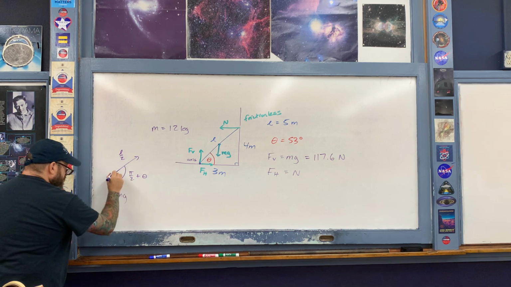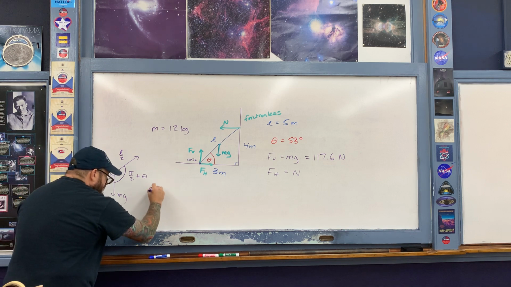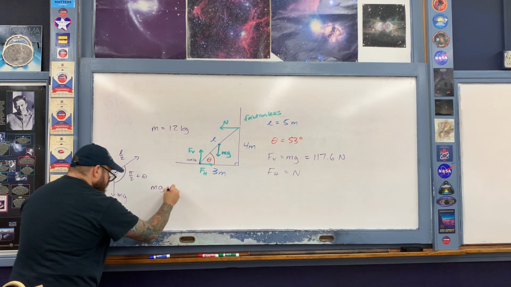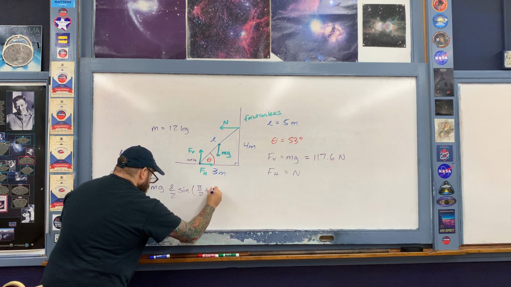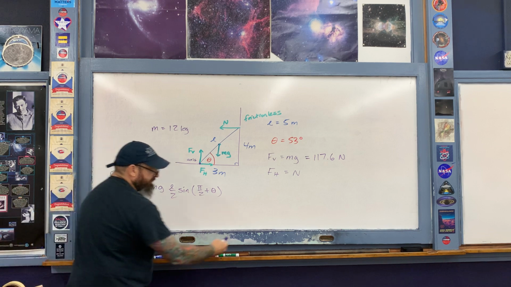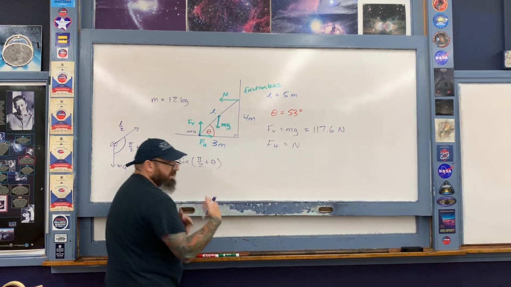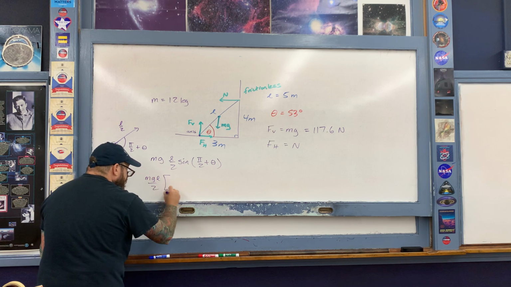We'll end up with a torque vector into the board. We'll think of that as the positive direction. So it's going to be in magnitude mg and then multiplied by L over 2 times the sine of pi over 2 plus theta. Let's go ahead and do a little bit of a trig identity here to simplify this quantity. Just be a little bit careful as we go. So mg L over 2 in brackets here.